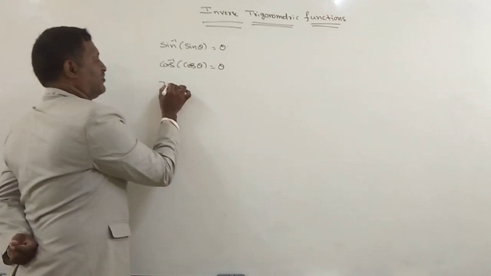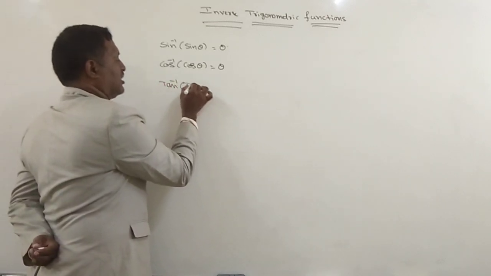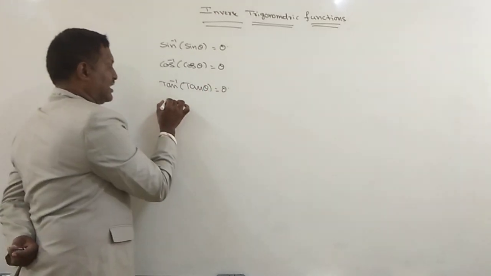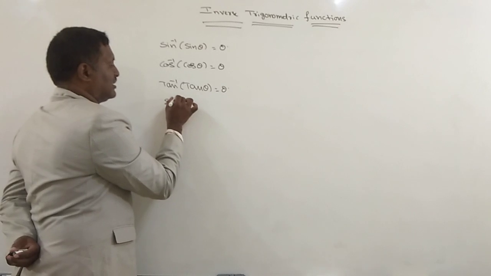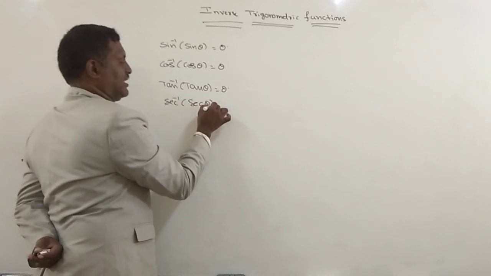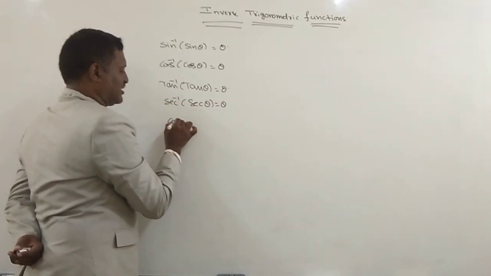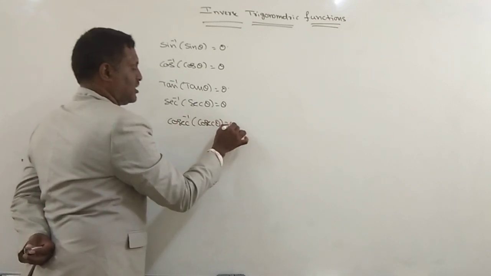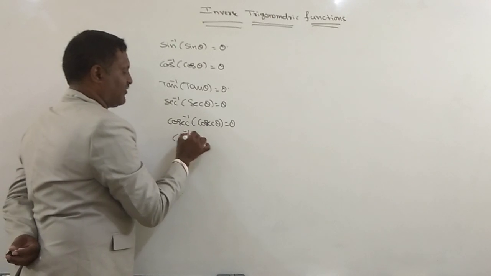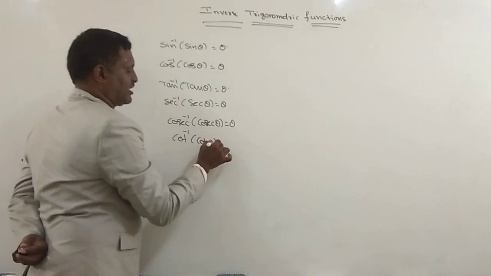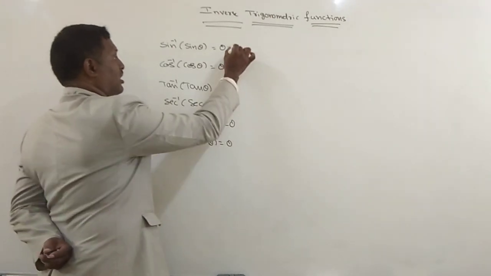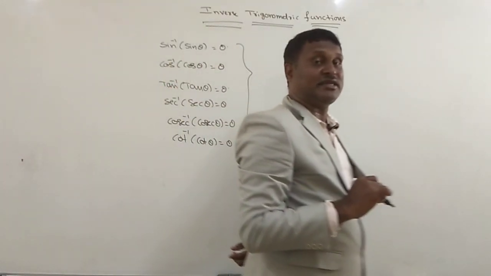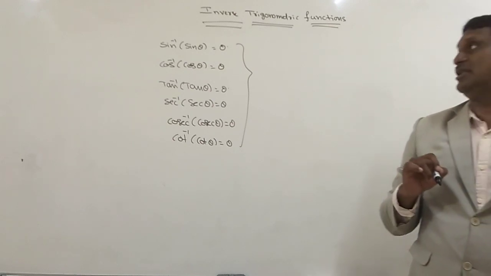Next, tan inverse of tan theta also we can write as theta. Secant inverse of secant theta, cosecant inverse of cosecant theta, and cot inverse of cot theta also we can write as theta. This all will exist when it is a bijective function. That means it has to exist under some limits.